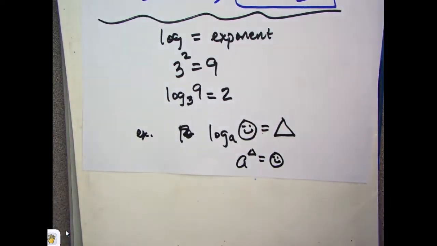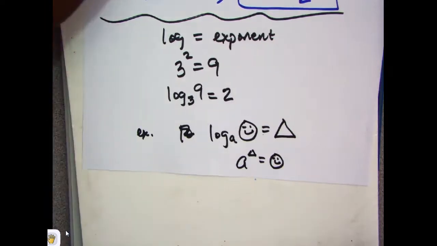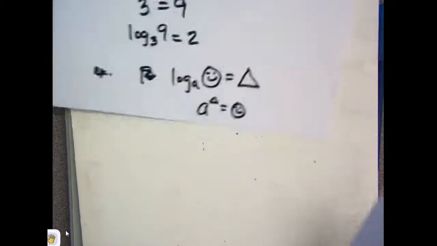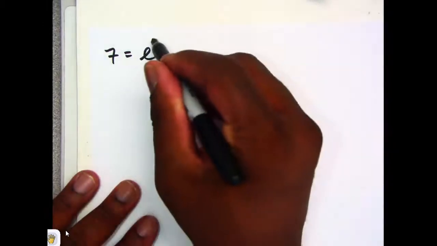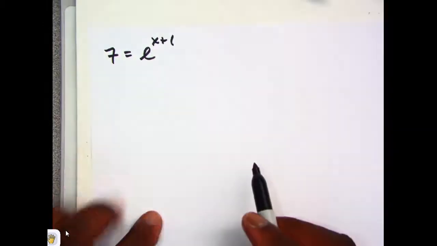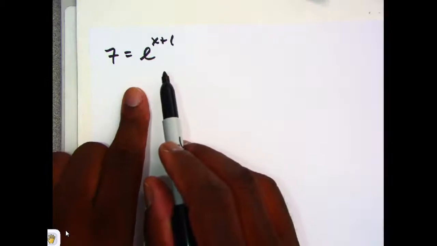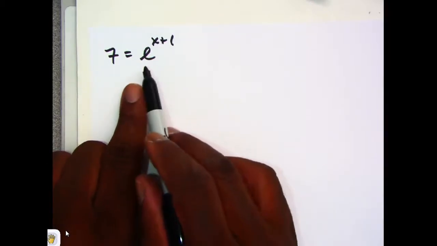So with both problems that we just had, the first one was 7 is equal to e to the x plus 1. Okay, so a log is equal to the exponent. My base is e.